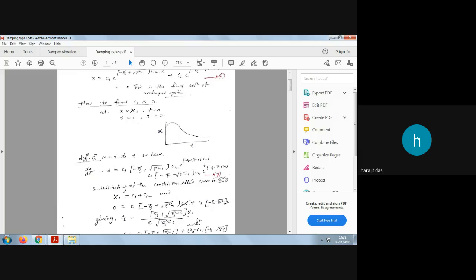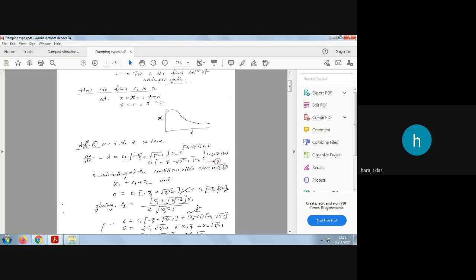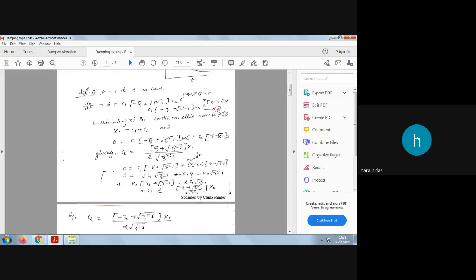Now if you simplify, omega n is common, so you can cancel it out, because the natural frequency omega n cannot be equal to 0, isn't it? So omega n is cancelled out, and only this term remains here.